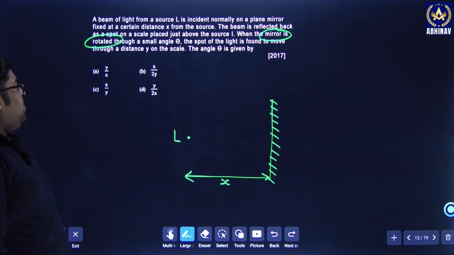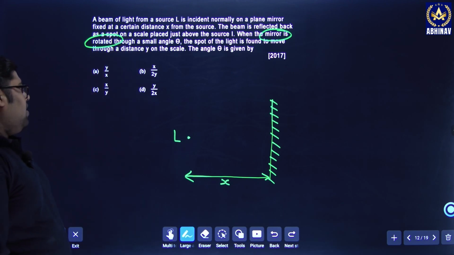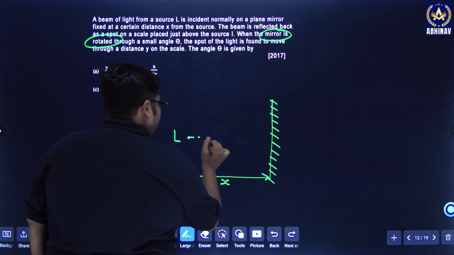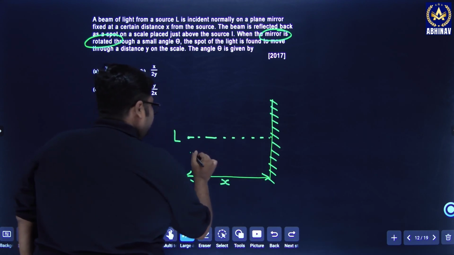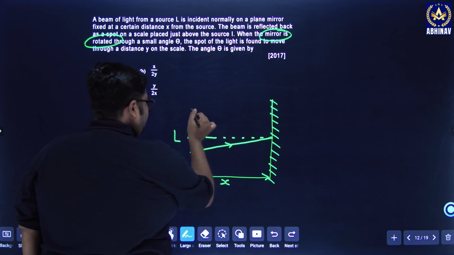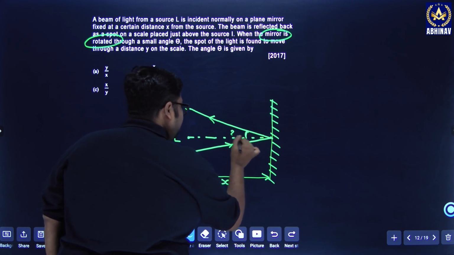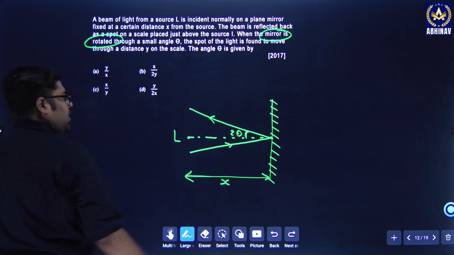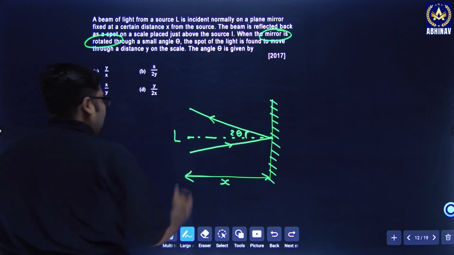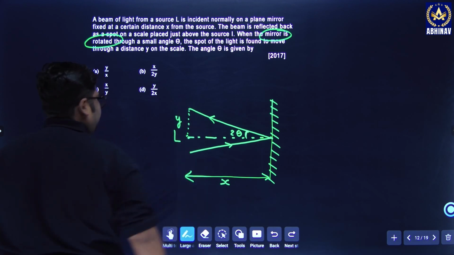For example, if we draw a normal here, this is our incident ray. After the mirror is rotated, it will shift by an amount twice theta. So this angle here is twice theta. Okay, the mirror rotation concept we have used here, which we have seen yesterday. And now the spot on the screen is shifted by an amount y.